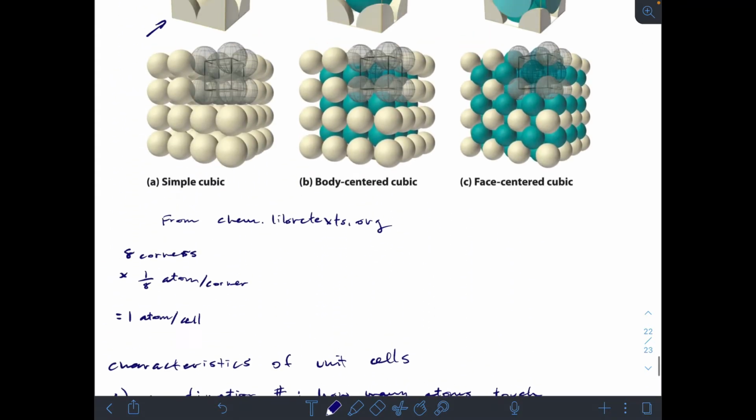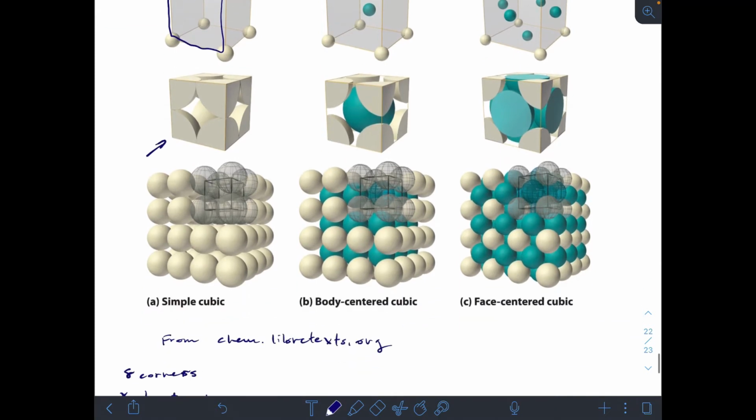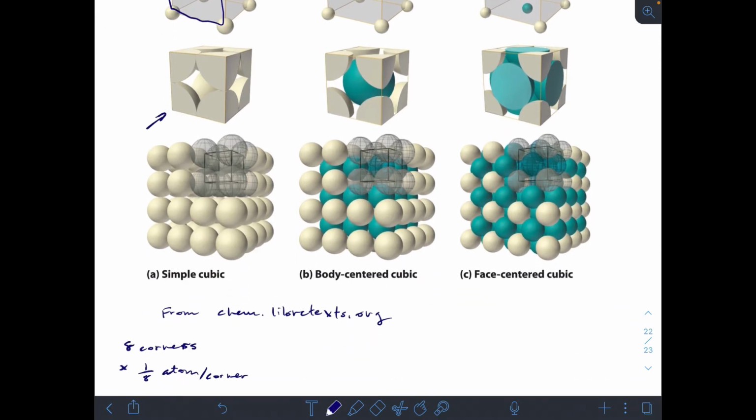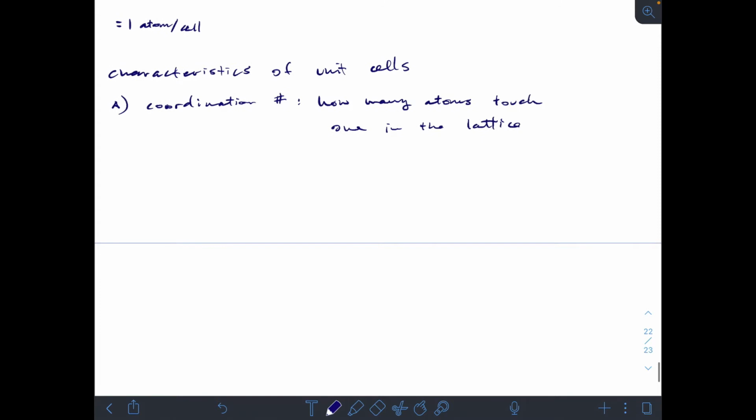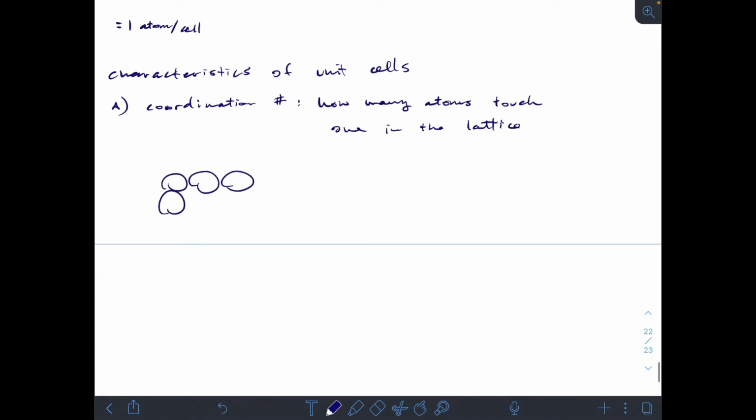Okay, so if we were thinking about our primitive cubic or our simple cubic, let's pick this one right here. If I'm wanting to find out how many atoms touch this one, in 2 dimensions, I can think about this one touches, this one touches, this one touches, and this one touches.